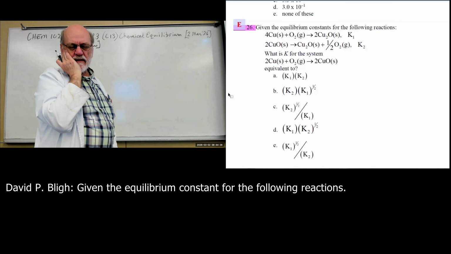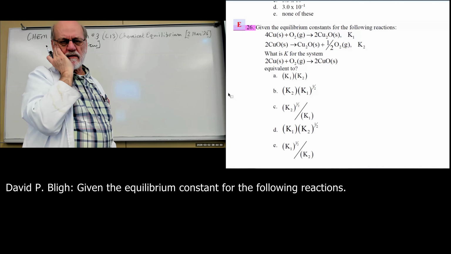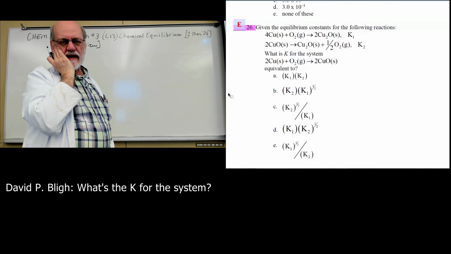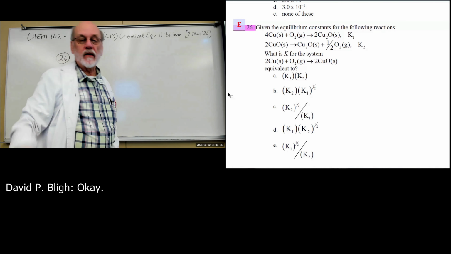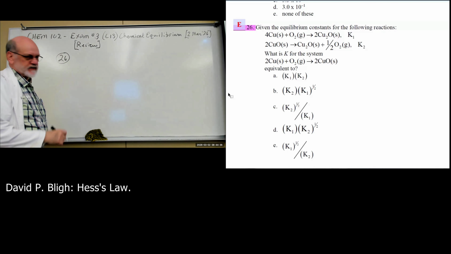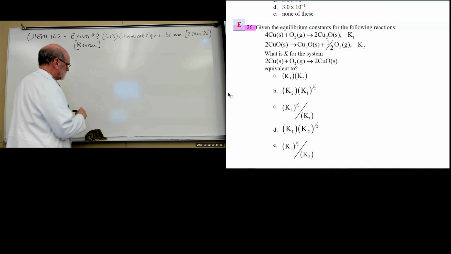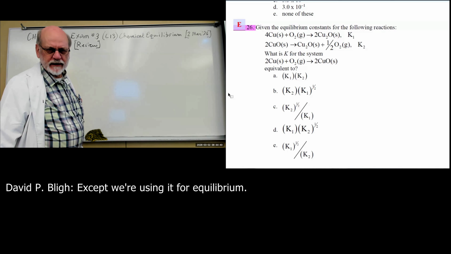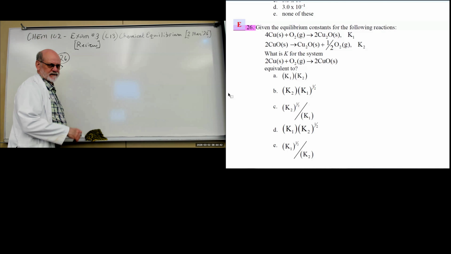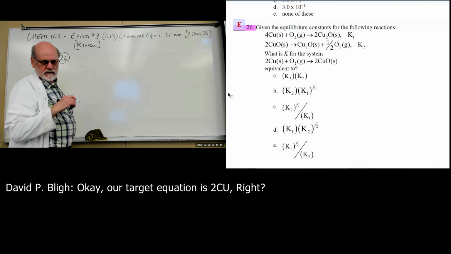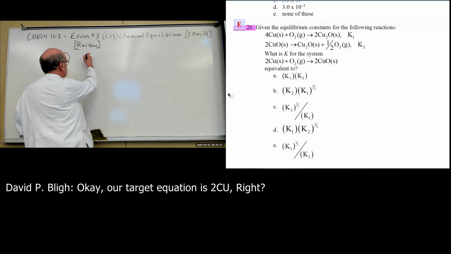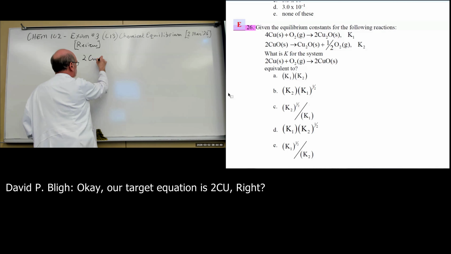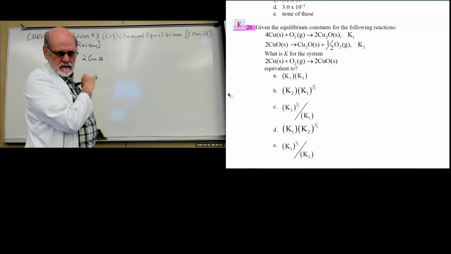Okay. Given the equilibrium constants for the following reactions, what's the K for the system? Okay. Hess's law. Except we're using it for equilibrium. Okay, our target equation is 2Cu, right?